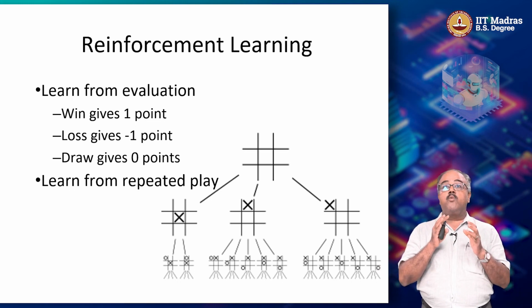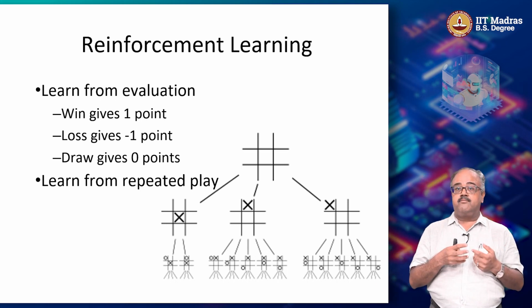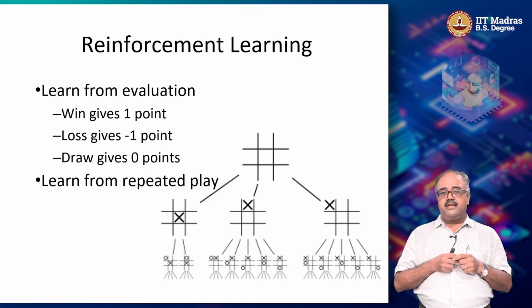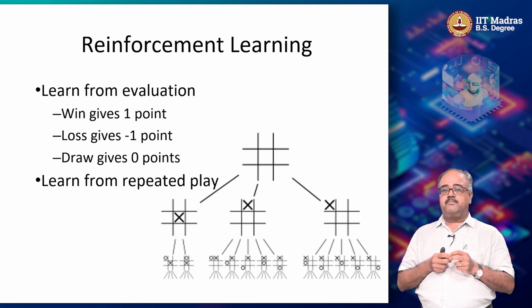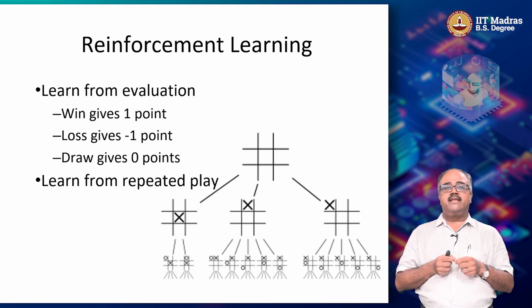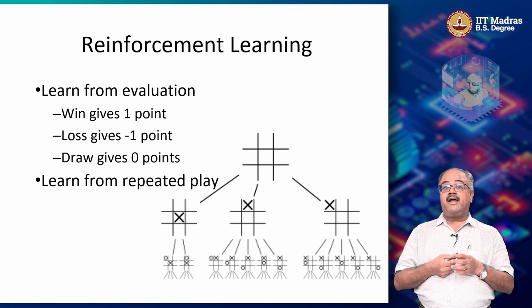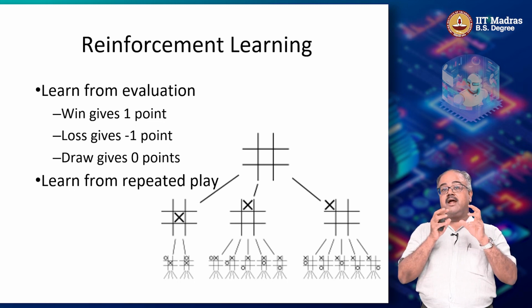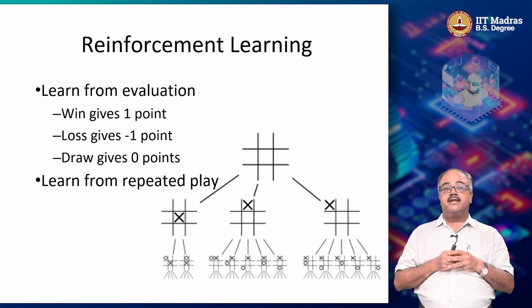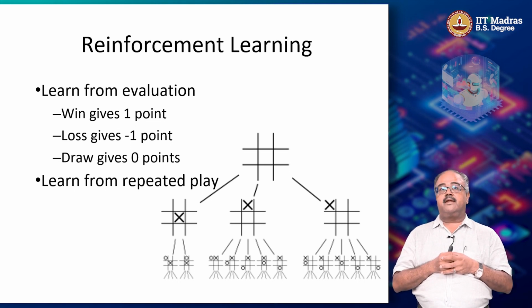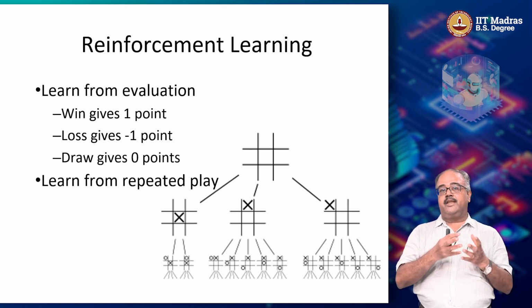All you know is what the valid moves are, that is, the legal moves that you can make in a particular board position. You can't put an X over an existing X, or an X over an O, and so on and so forth. Only those kinds of things you know. In fact, the way pure reinforcement learning would be set up, you don't even know that you have to get 3 X's in a row to get a win, or 3 O's in a row.